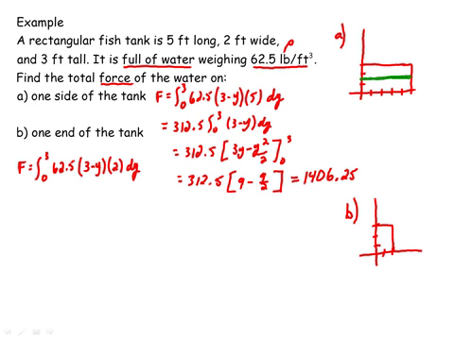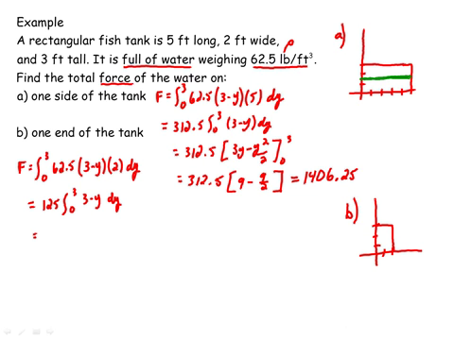What's it going to turn into? All right, go from here. You can do this. What are you going to bring out front? 62.5 times 2, and you're coming up with 125. We're going to integrate from 0 to 3 the 3 minus y.